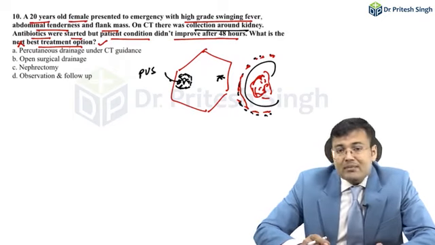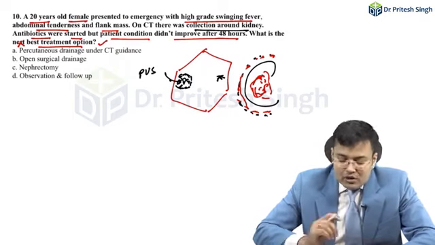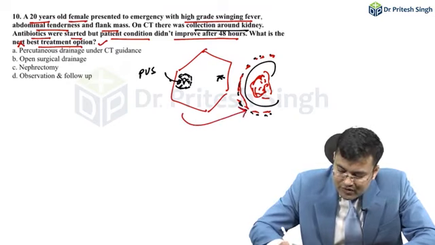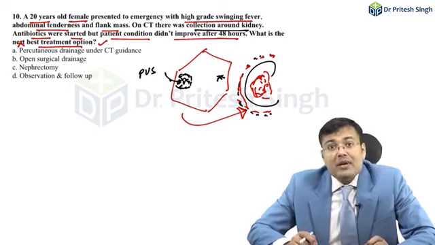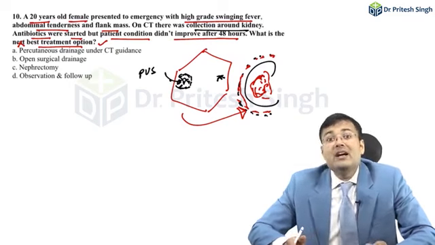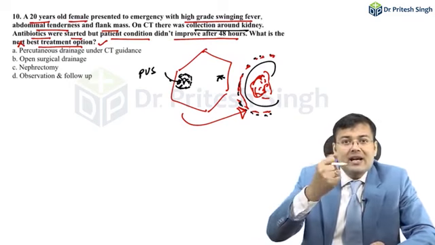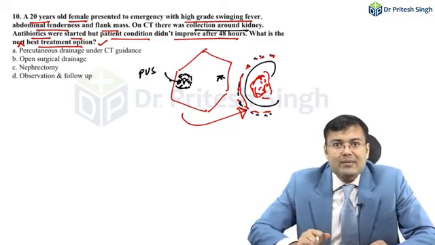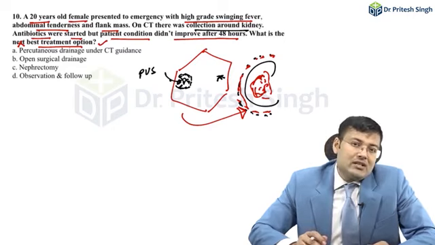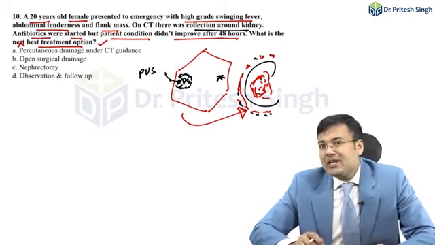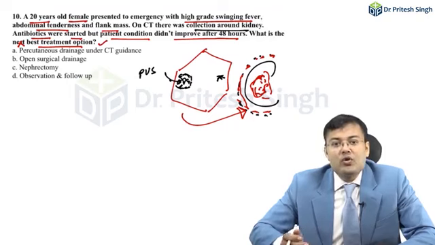So you are giving antibiotics and patient is not improving. So what do we have to go for? We have to go for drainage. Now, deep-seated intra-abdominal abscess is usually drained by ultrasound and CT guided percutaneous aspiration. It is preferred over open drainage.